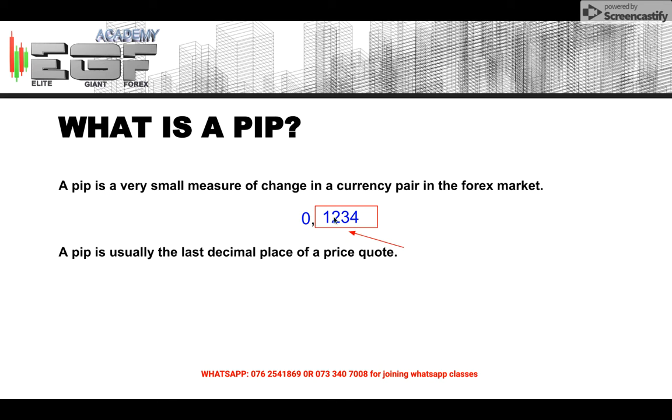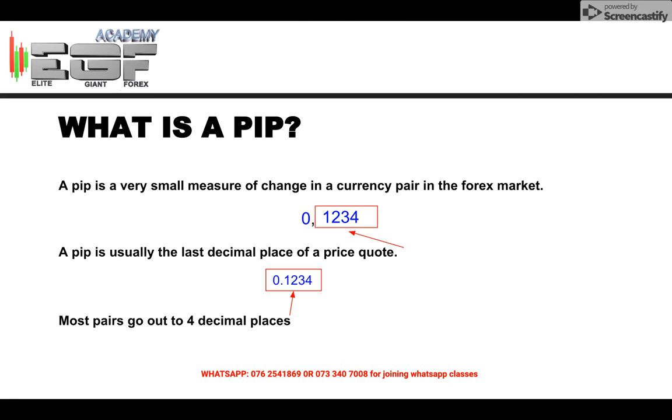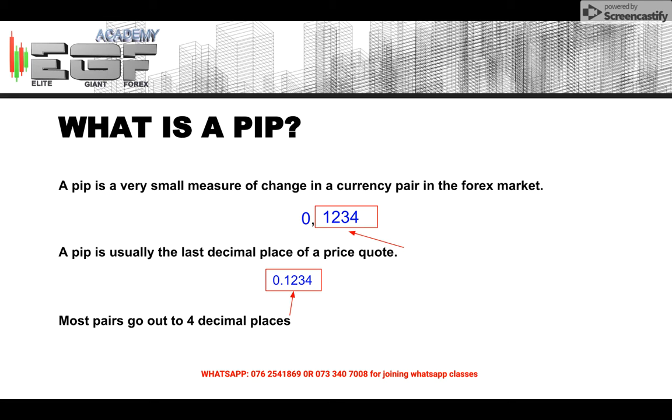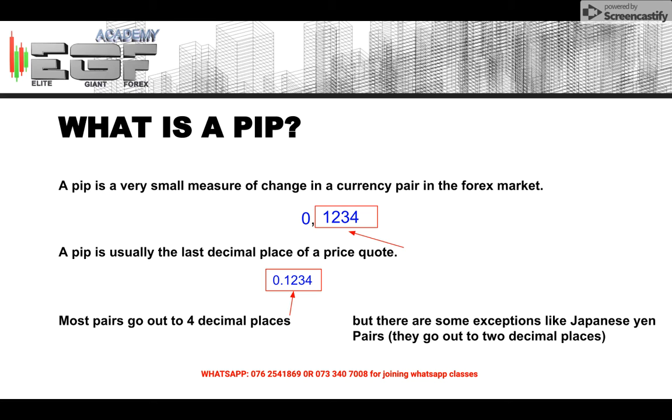I'm going to explain later. Most pairs go out to 4 decimal places like this one, but there are some exceptions like Japanese yen pairs. They go out to 2 decimal places, as you can see.